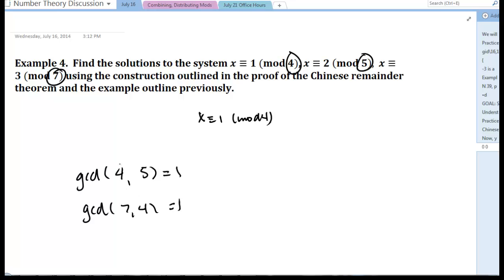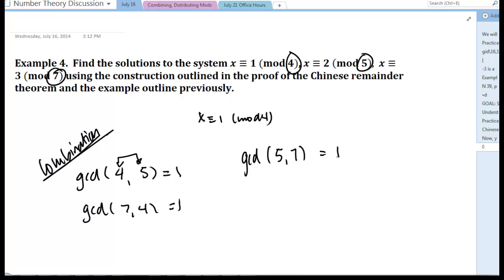And notice the order that I input these doesn't matter. So hint, hint, we're working with a combination versus a permutation, okay? A little nod to the upcoming counting stuff. And so we get 3 possible combinations of 2: 4 and 5, 4 and 7, 5 and 7.